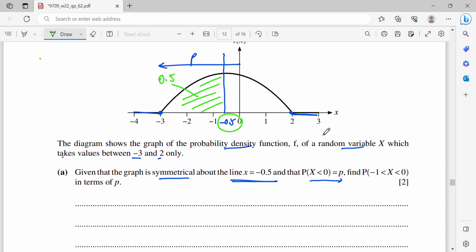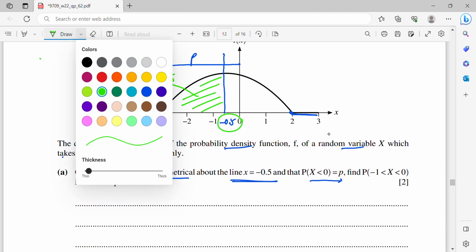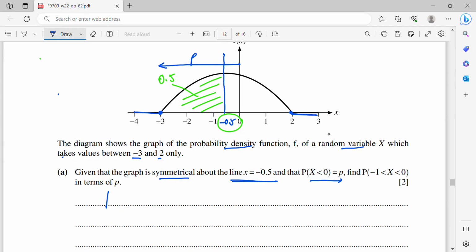So P(x between -3 and -0.5) is going to be 0.5, which is the green region.